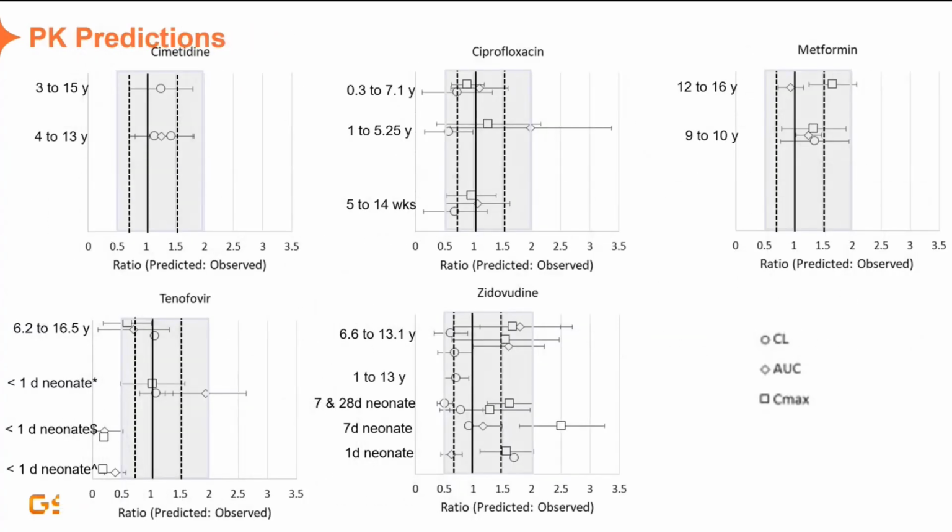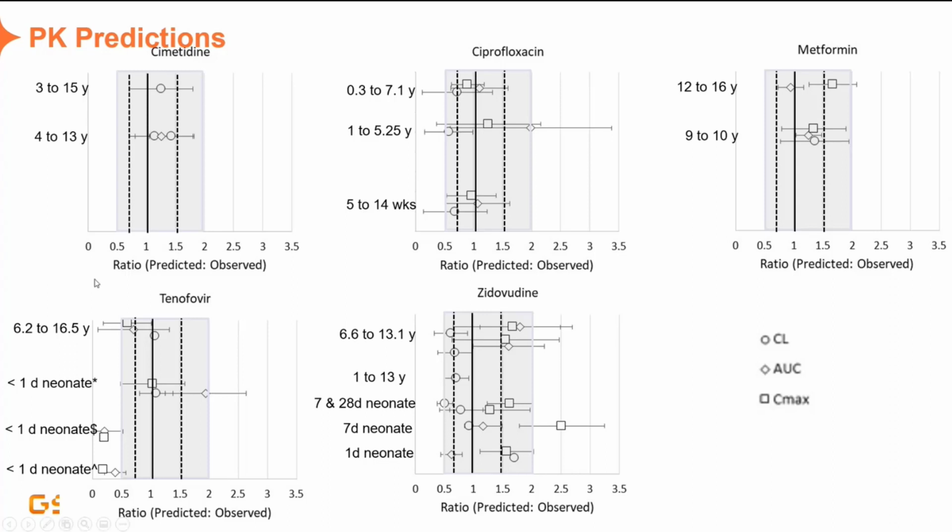Now here I'm showing you some examples of the PK parameters for all of these compounds. Not only did we look at the plasma concentration-time profiles, we are also looking at clearance, Cmax and AUC. We are aiming for every symbol to be close to the solid line, which is the ratio of the observed to the predicted.